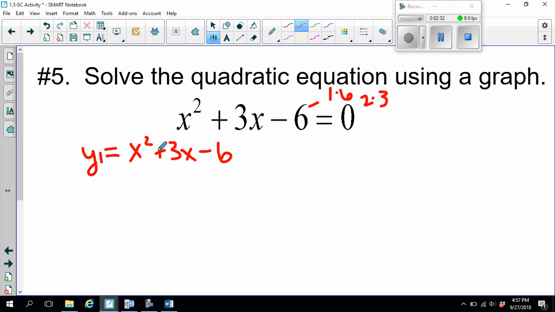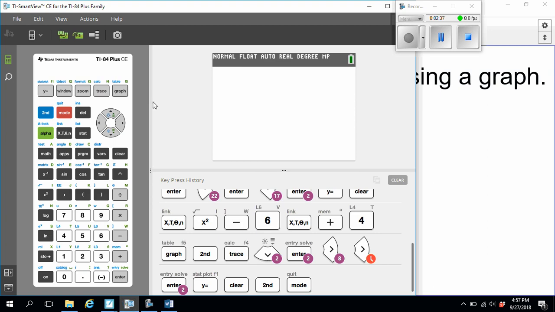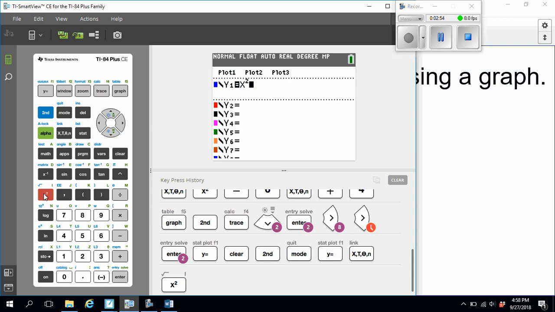Now we're going to actually plug this into our graphing calculator. Remember, to get the y, we go to our y equals button. So we're going to go ahead and press that. Then we're going to plug in x squared plus 3x minus 6. Now remember, the x is right next to alpha. Then we do squared.